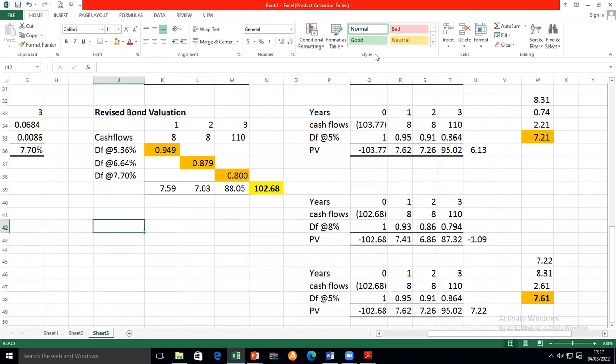Okay. Remember the internal rate of return formula? So that is the approach that we're using.